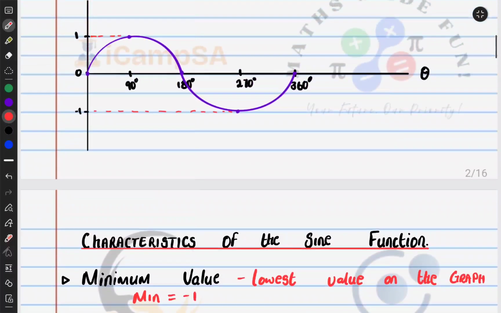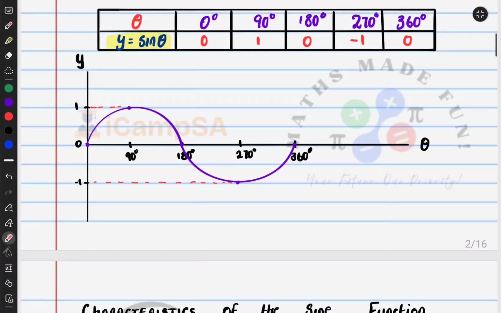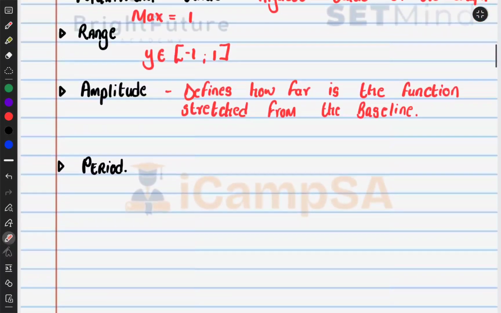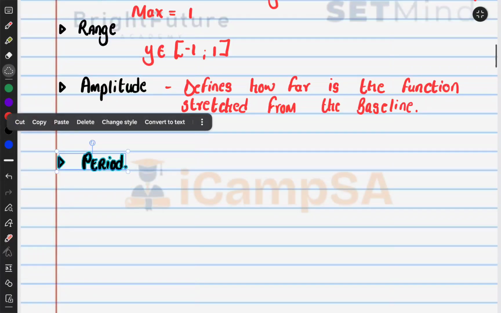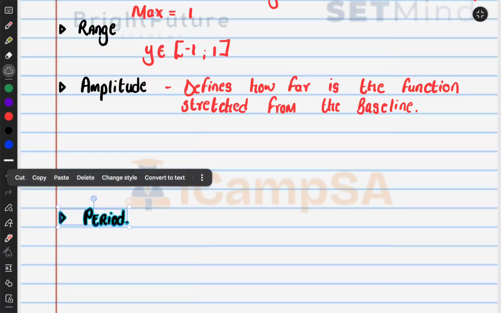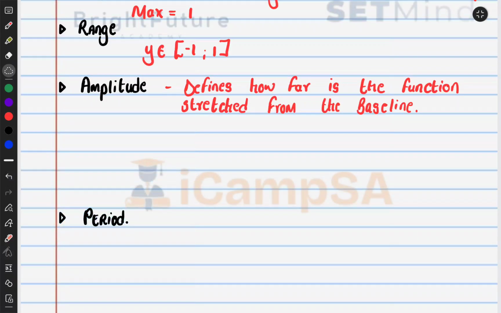So let's come to our function here. At 0, this is where we have the baseline. But to make your lives easier, you're just gonna use this formula to determine the amplitude.